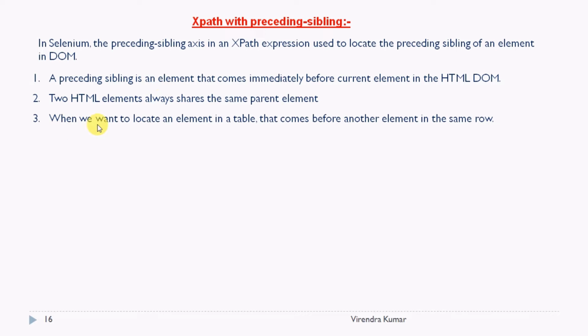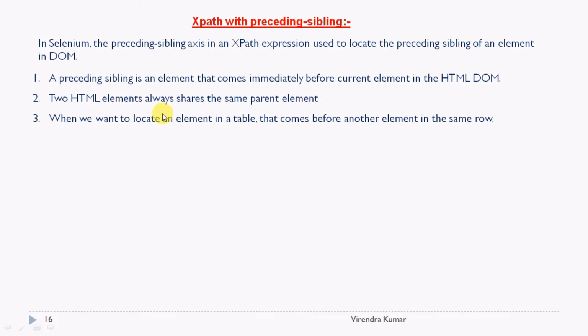The third condition is when we should go with preceding siblings: when we want to locate an element in a table that comes before another element in the same row. We will understand this through an example with a table. In tables we have multiple elements, and based on one element we want to locate the preceding element in the DOM structure.